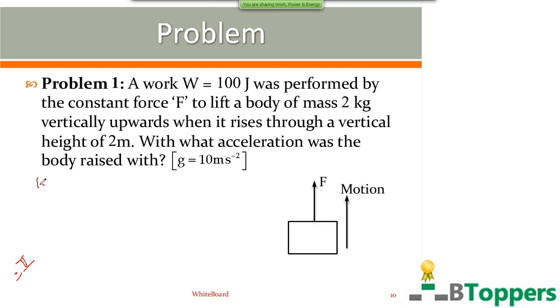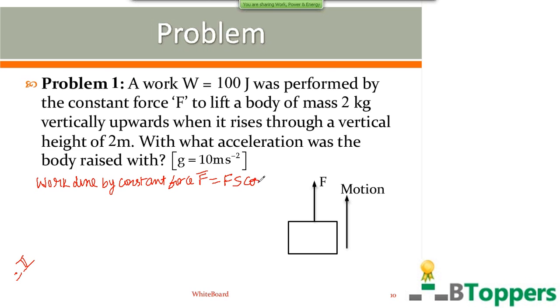So work done by the constant force F, when the force acts in the direction of the displacement, is given by the product of the magnitude of force and magnitude of displacement.